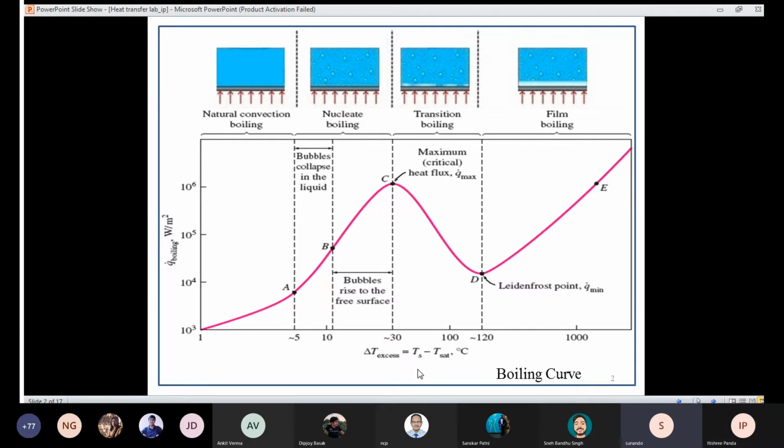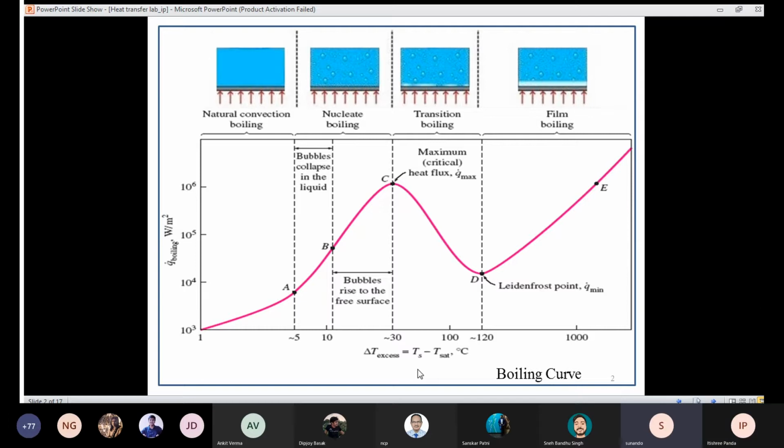This is just a representative curve to show how the heat flux would behave when you change the delta T. We do not know what T_W is, as it is not measured here, but by increasing the current through the wire, we are increasing this delta T. The gross effect of the temperature difference on the heat flux, ultimately the breakage at point C, is the objective of the present setup.